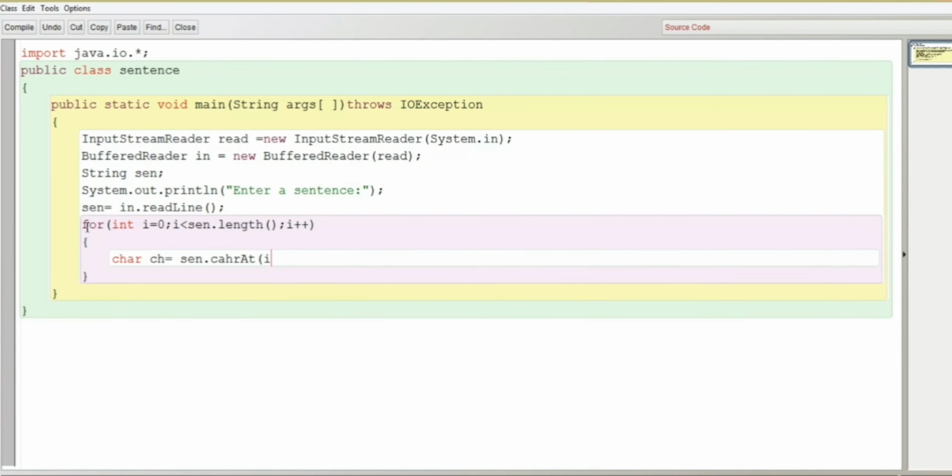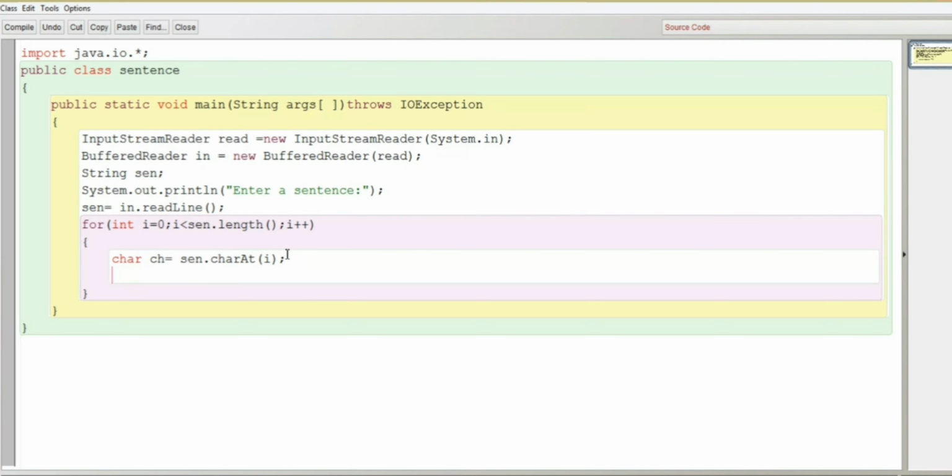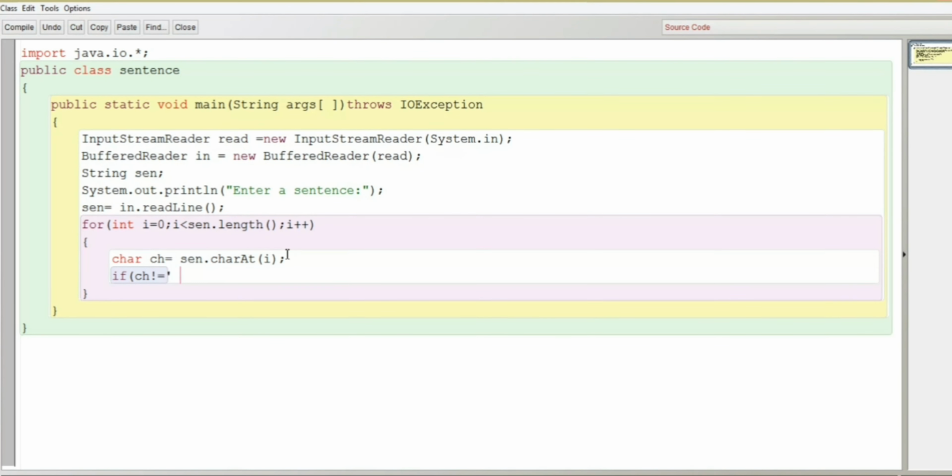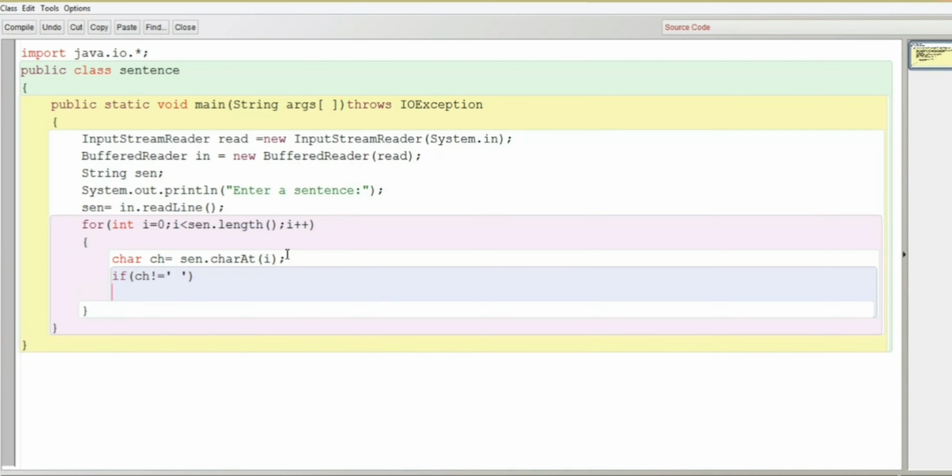The sentence is in the form of a string, and I have already taken int i equals 0, where the loop goes while i is smaller than the sentence length, and then one by one I pick one character in CH.